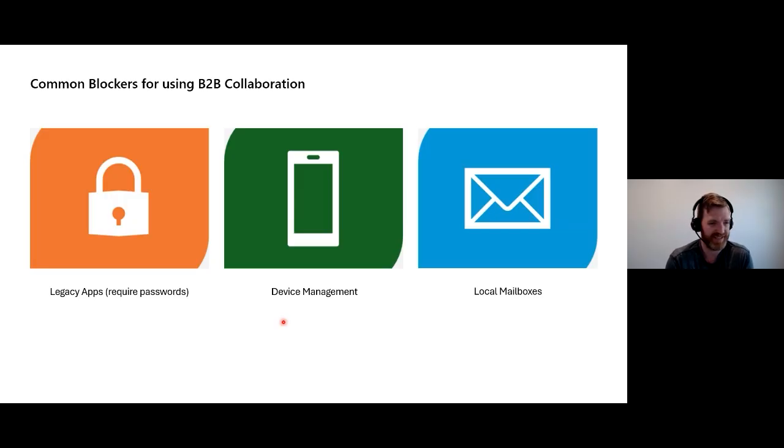Now, B2B collaboration does not work in every scenario, and I've had the opportunity to interview many customers trying to identify what's stopping you from using B2B collaboration? Why are you maybe stuck on either the federation or the managed identity model, which is more in the legacy sphere? And there are still some use cases where a managed identity for an external partner might be required.